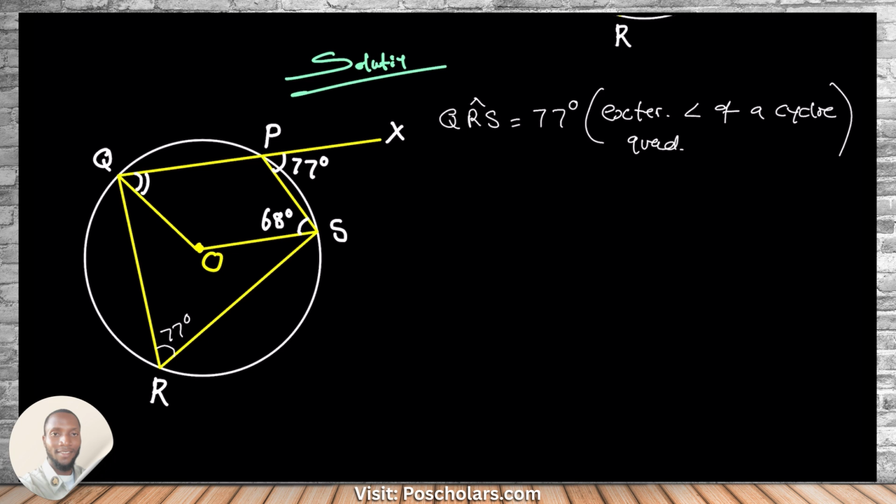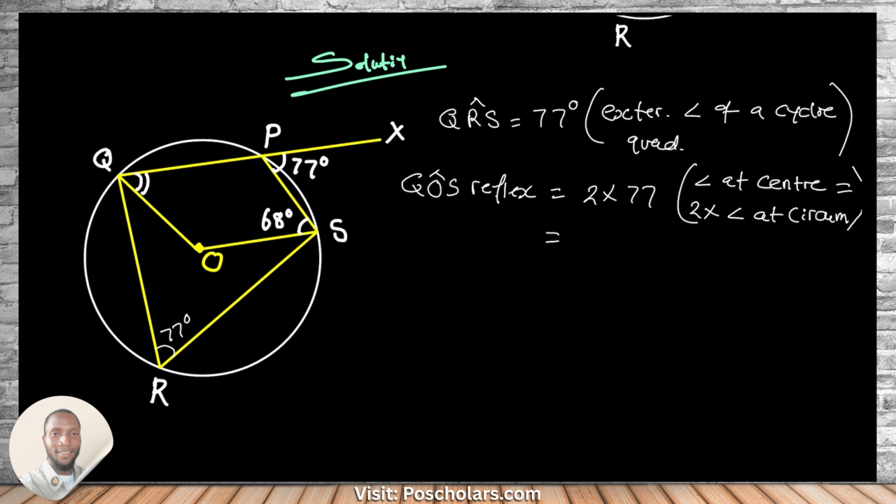The mission is for us to find this angle. Next, remember I taught you a theorem that angle at center is equal to 2 times angle at circumference. That means this angle here, the reflex angle, which is QOS, is equal to 2 multiplied by 77. QOS reflex is equal to 2 times 77, and the reason is angle at center equals 2 times angle at circumference.